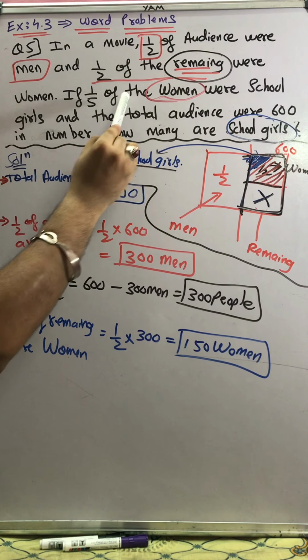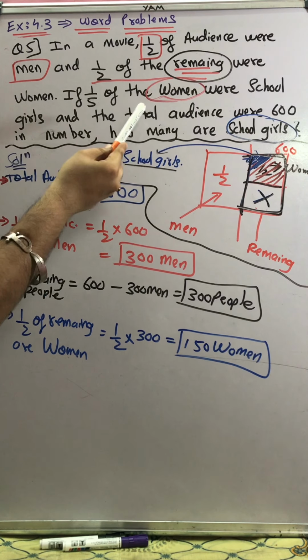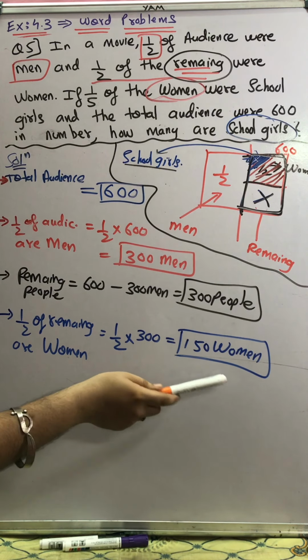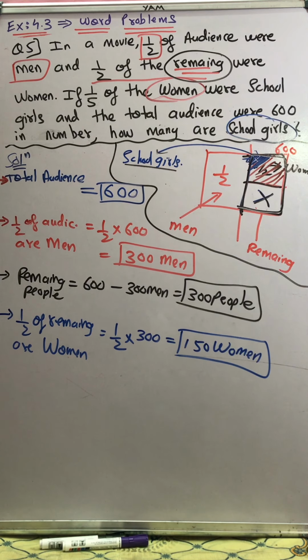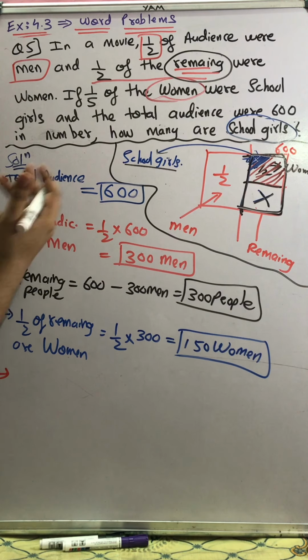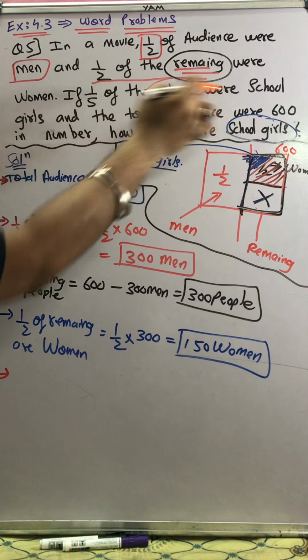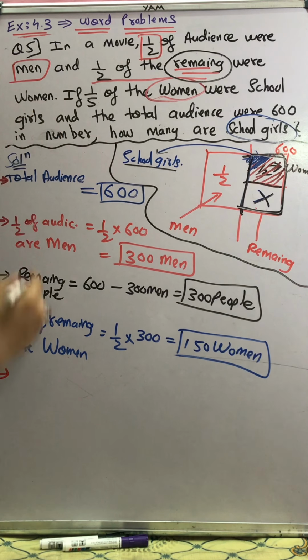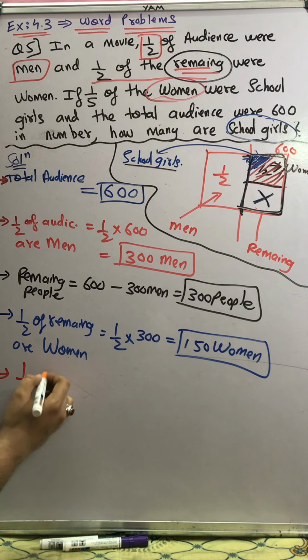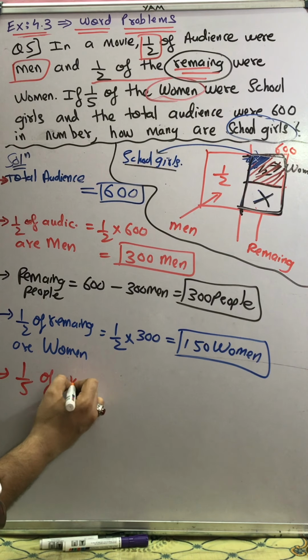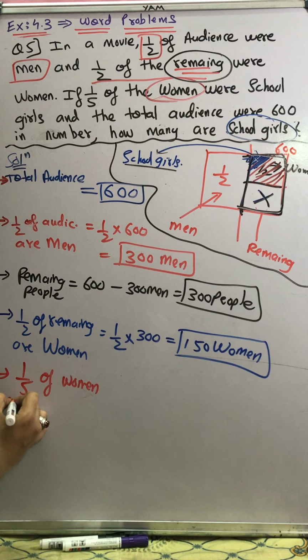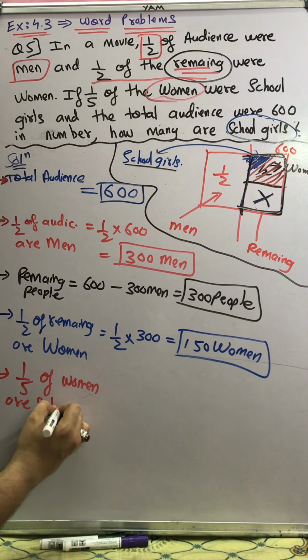If 1/5 of the women, which means 1/5 of this 150 women, were schoolgirls. So it's written here, 1/5 of women are schoolgirls.